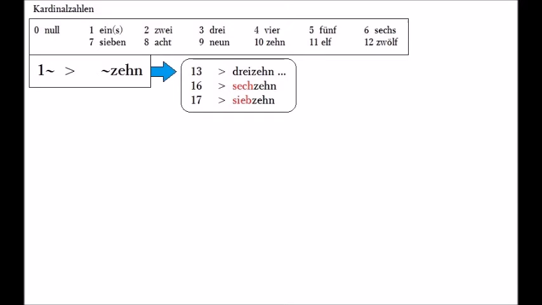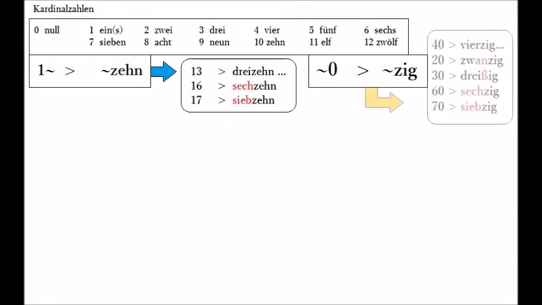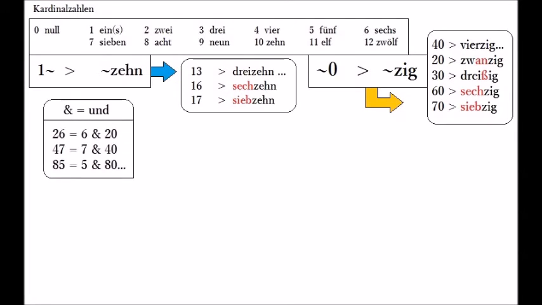Exceptions are 16, 17. The numbers of 10 are created by the amount of tens followed by zig, like 40, 50. Exceptions are 20, 30, 60, 70. The numbers in between start with the unit, then und, and then the number of 10.